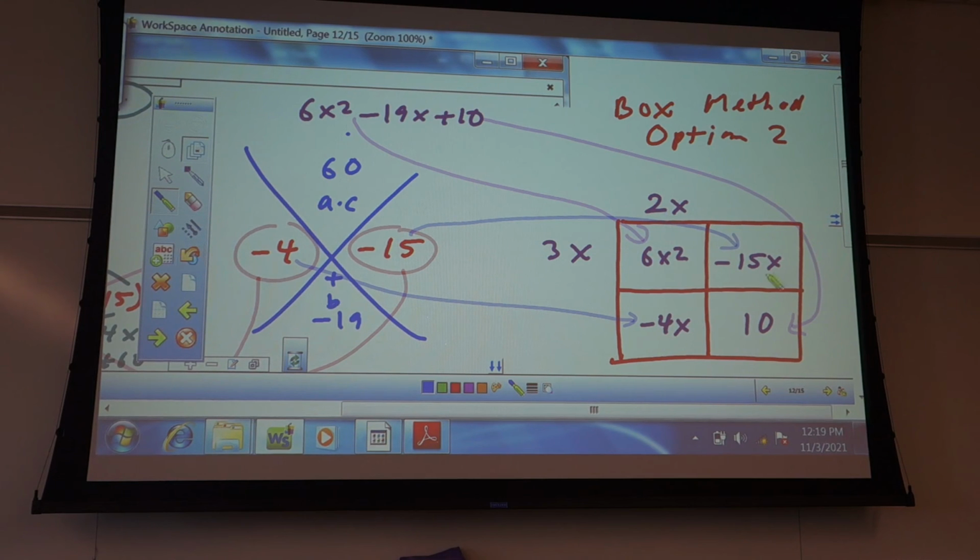All right, then 3x times what gives me negative 15x? 5, but it should be negative because this is a negative there, so negative 5. So this number times that number gives me that number, because they merge to get to that spot.